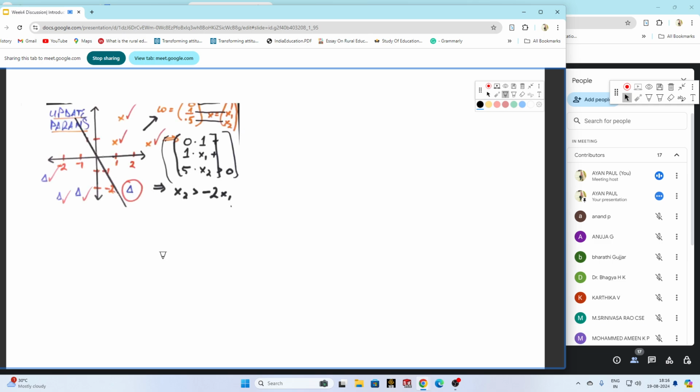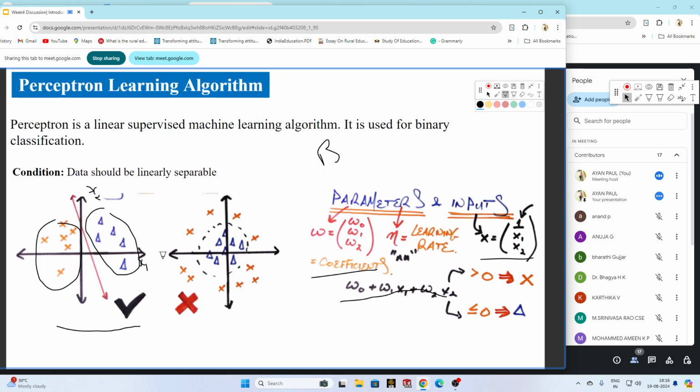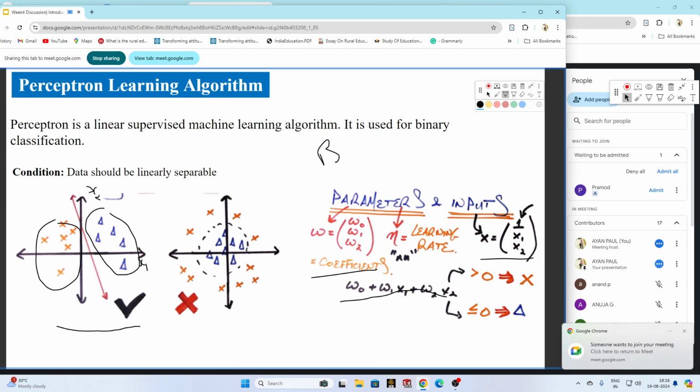Now the next thing, we have to update the weights. The weights we are choosing here, we are initializing randomly. But whenever we randomly initialize our weights, the line which separates the two classes of the dataset can have some misclassification error.